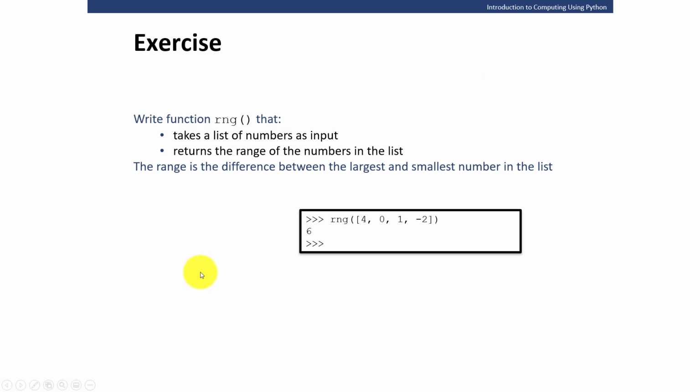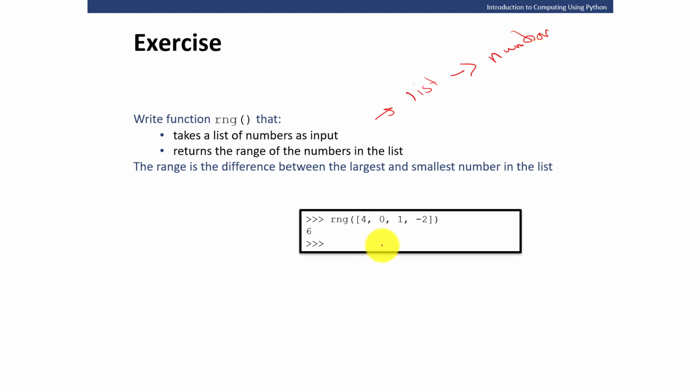Okay, so I'm going to give you this: write a function range that takes a list. Now the type contract is what here? The type contract, guys, is I have a list as an input and return the range of the numbers in the list. So it returns a number.